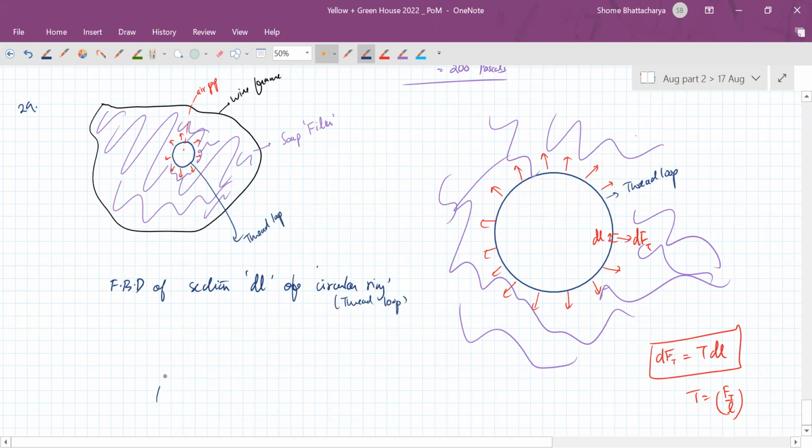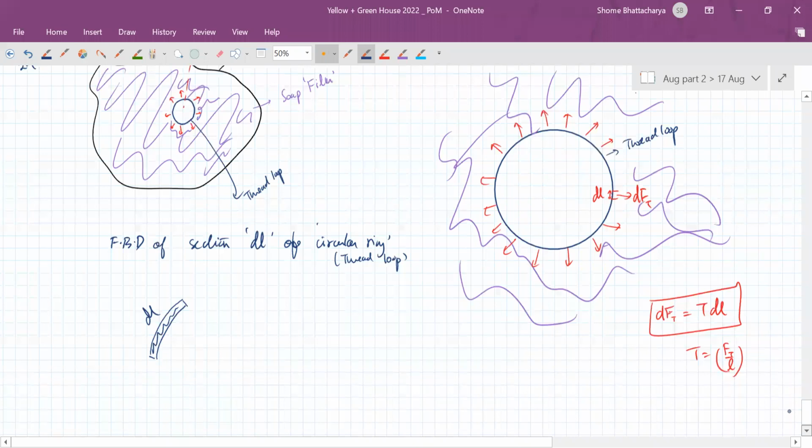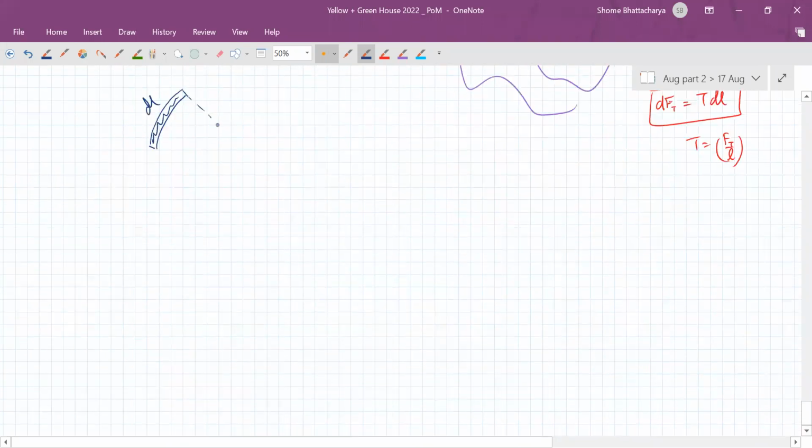So imagine a magnified diagram of that sectional length dl. So if it is subtending at the center of the circular loop, so this is the whole circular thing, subtending an angle d theta.